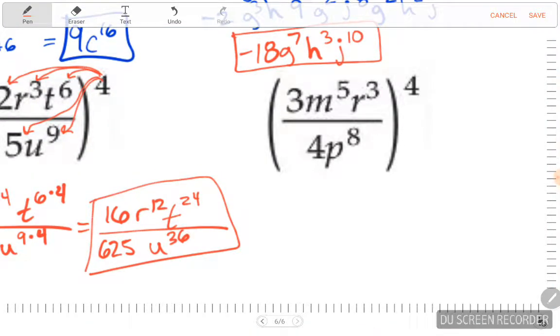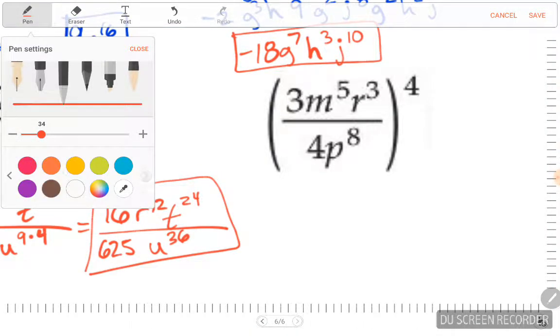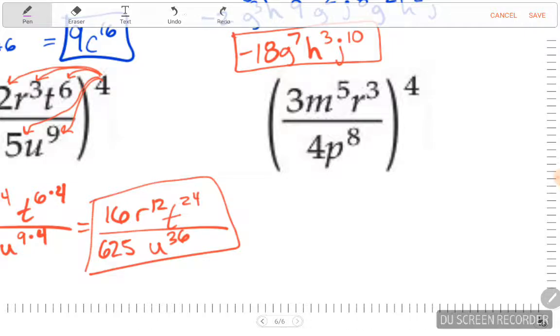Okay, and finally, last one. All right, 3 to the M to the R, down to this 4, down to the P. Okay, so everything gets the exponent. All right, so I've got 3 to the 4th.